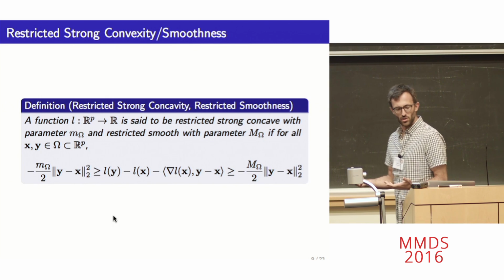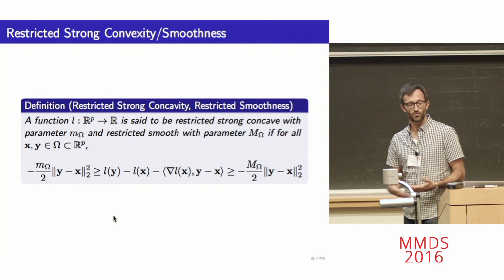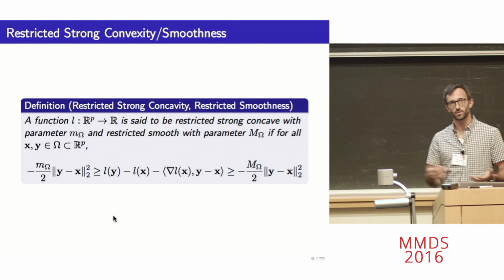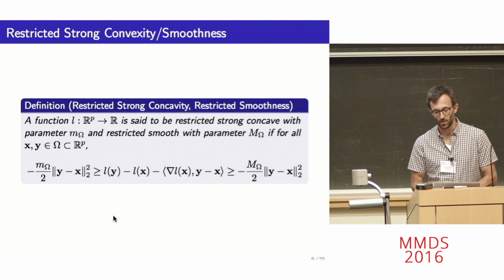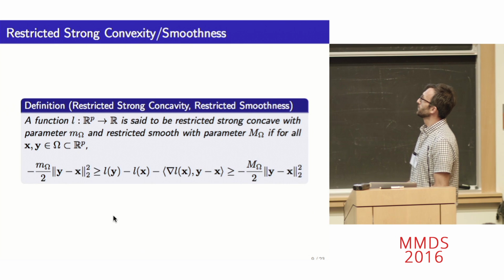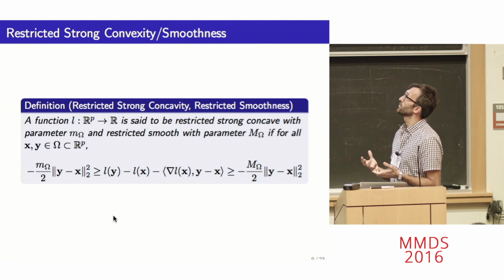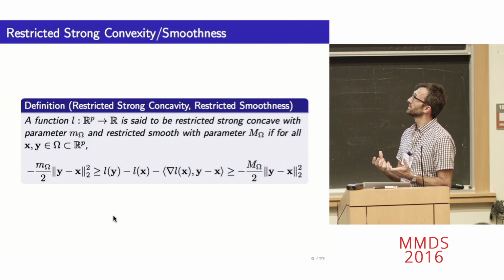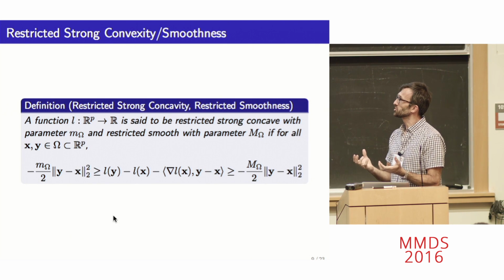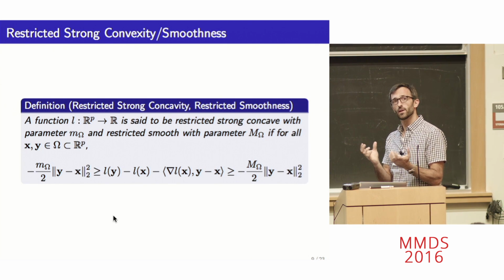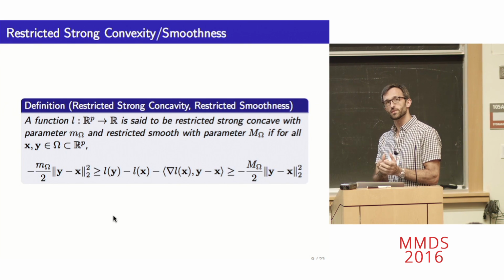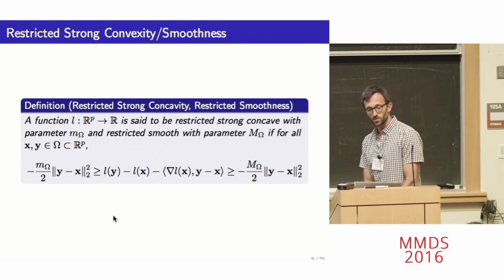And these select directions, if you're lucky, should match up with the kind of hidden structure that you have in your problem. So, for example, if I want to solve a sparse problem, then I need to have an objective function, a loss function, that has strict curvature, at least in all directions defined by sparse vectors.